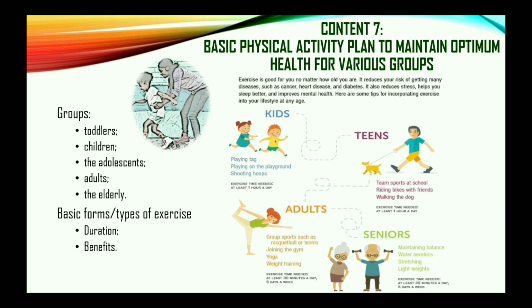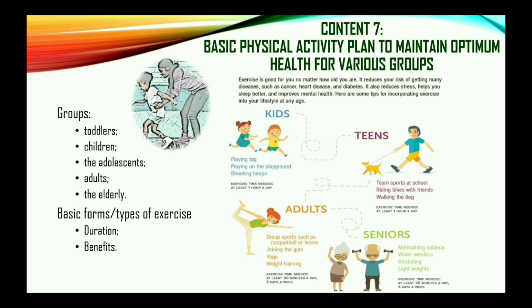So, they can play tag, they can also be playing in the playground, shooting hoops, they can be running, they can be picking up their toys, they can be organizing workstations, their little play area, and these exercise at least an hour a day. Now, for adolescents or teens, they can play sports in school.